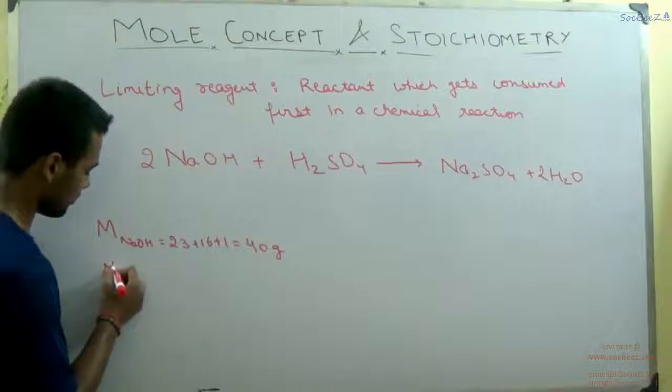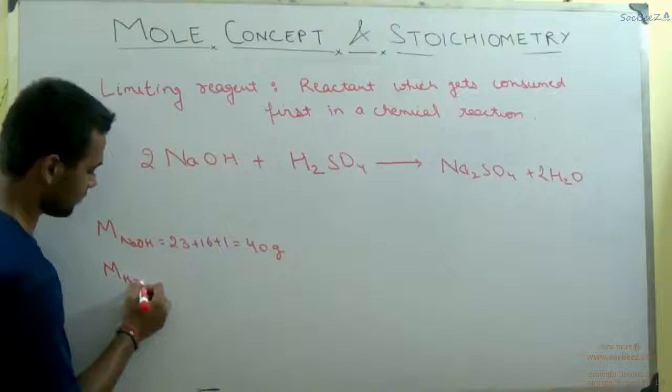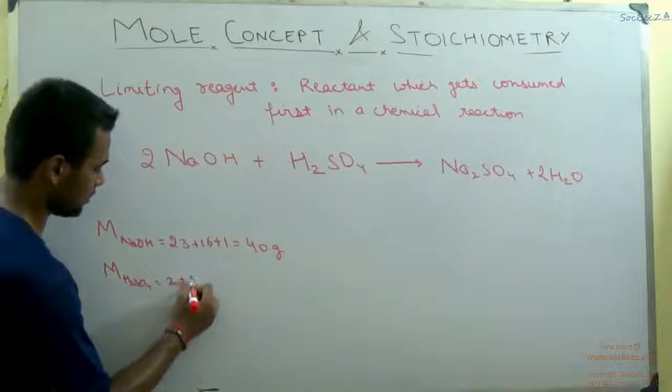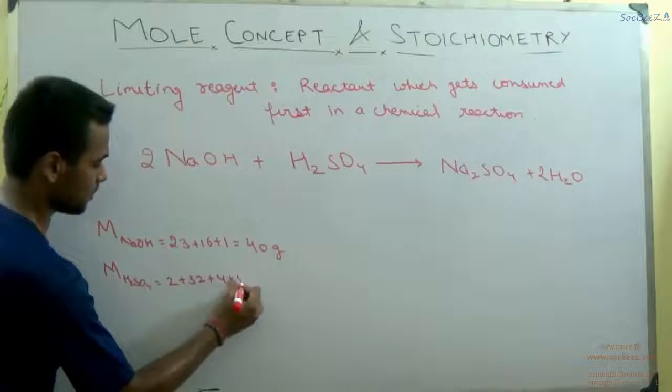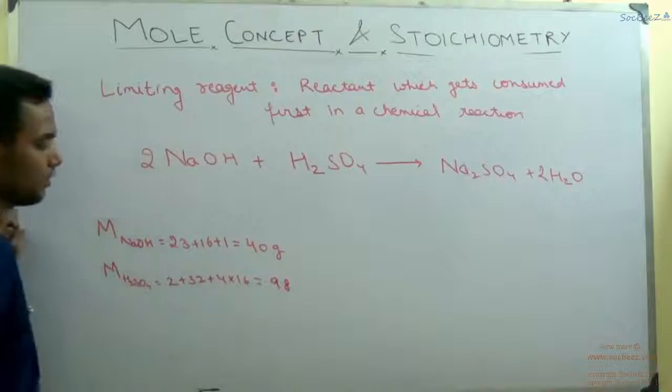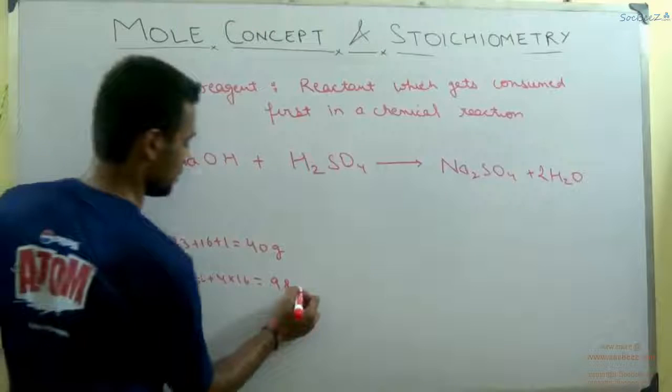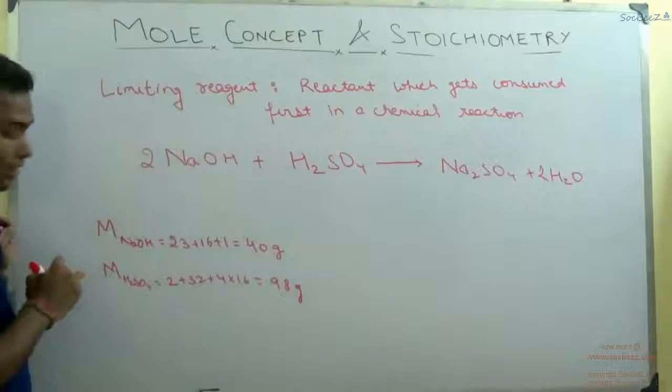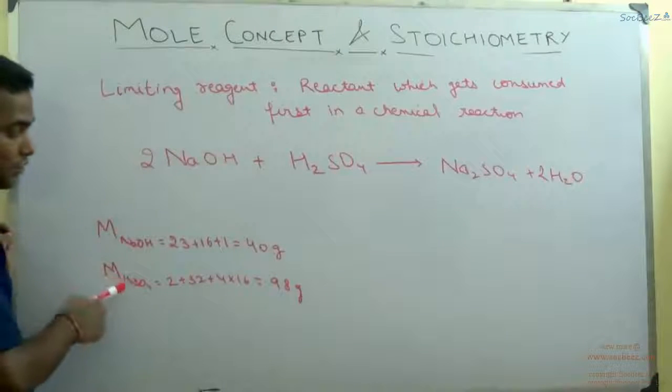And the molecular weight of H2SO4 is 2 plus 32 plus 4 into 16. This comes out to be 98 grams, the gram molecular weight of H2SO4.